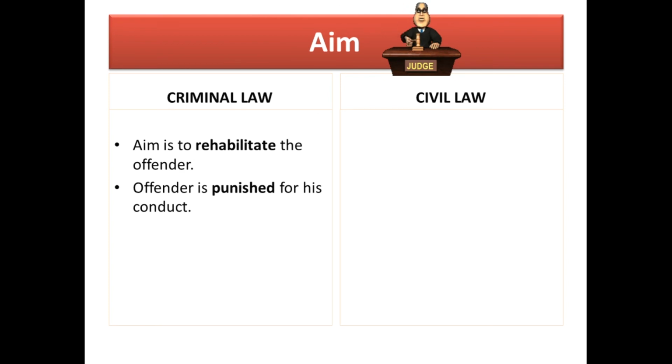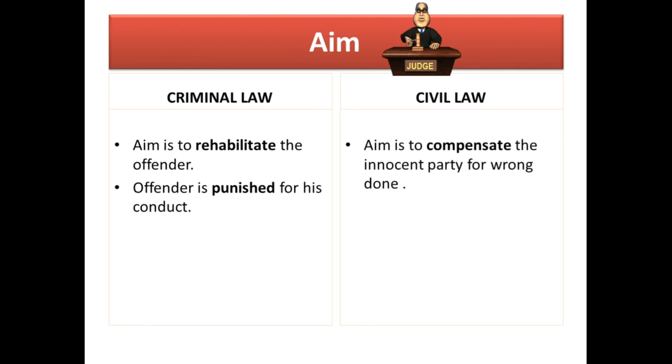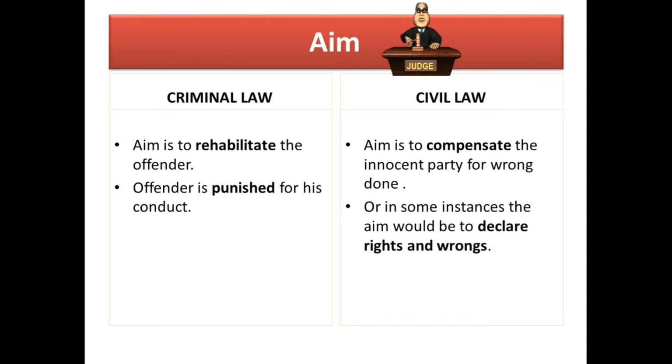In civil law, the aim is different. The aim is to compensate the innocent party for the wrong done. For example, in breach of contract or cases involving latent defects, or in some instances, the aim would be to declare rights and obligations.